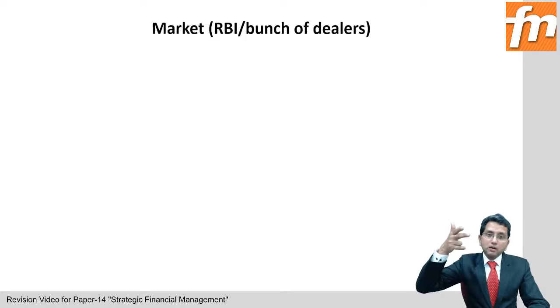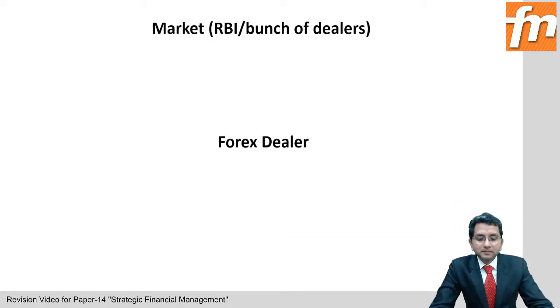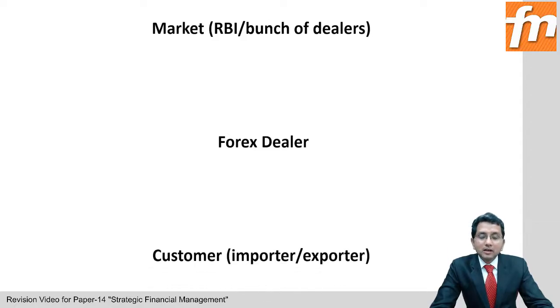The customer cannot directly approach the market because only those who have the authorized dealer license can approach the market. The customer, that is the importer or exporter, cannot directly reach the market. There is a middleman named the dealer, or simply the bank. So you have the market, dealer and customer.